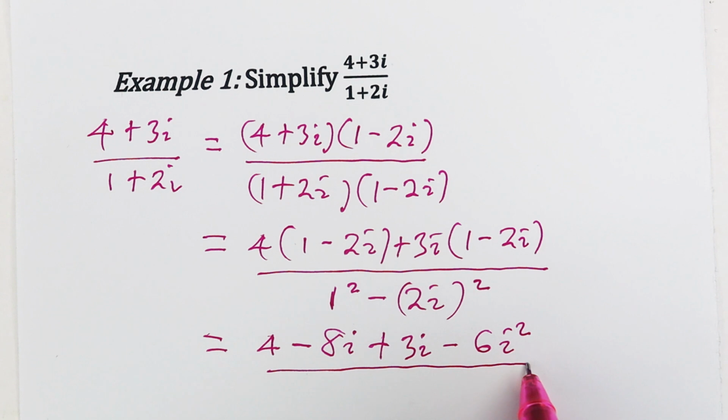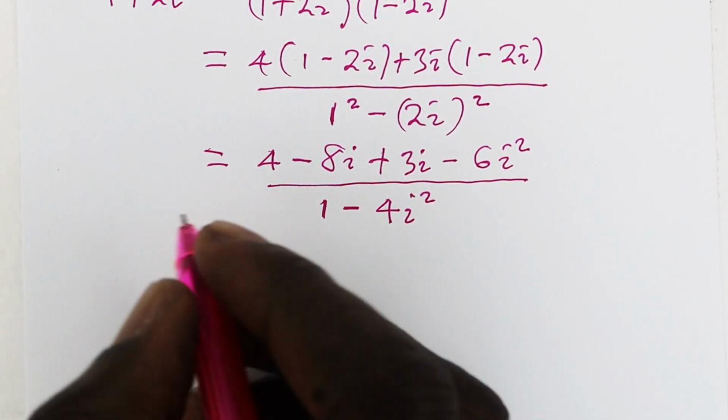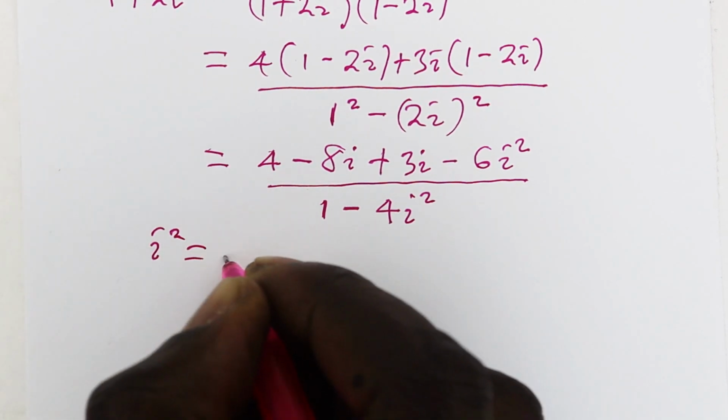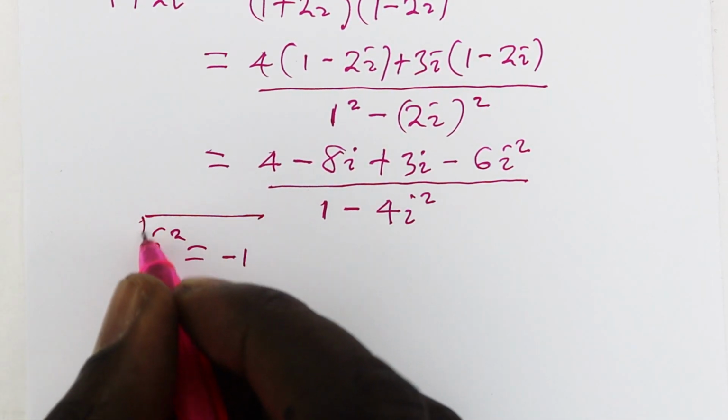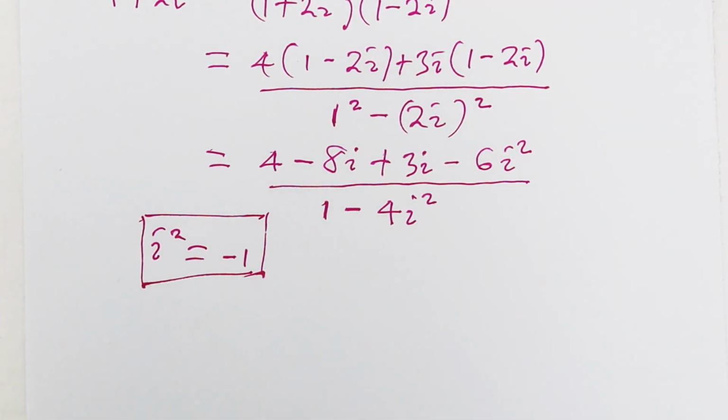Then in the denominator, we now have 1 minus 4i squared. And if you remember clearly, i squared is given by negative 1. So we are going to simplify this with this in mind.